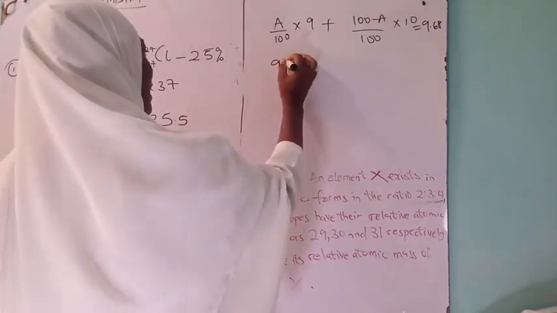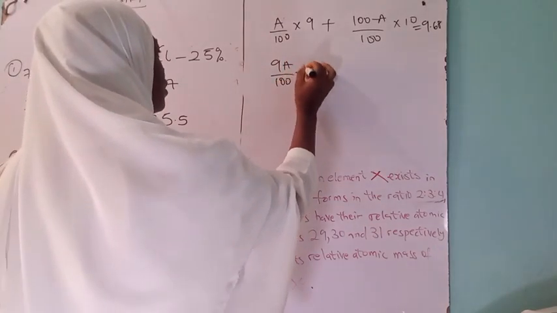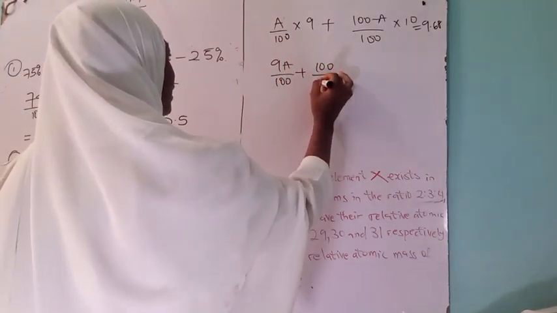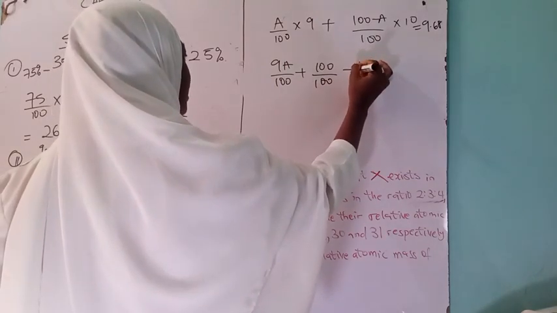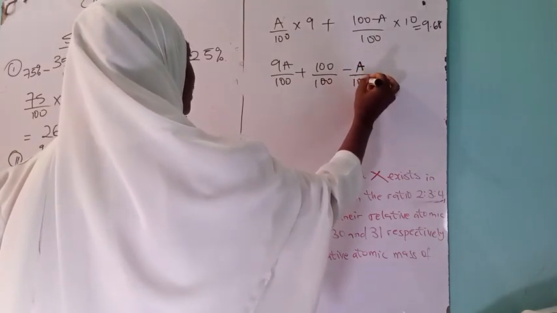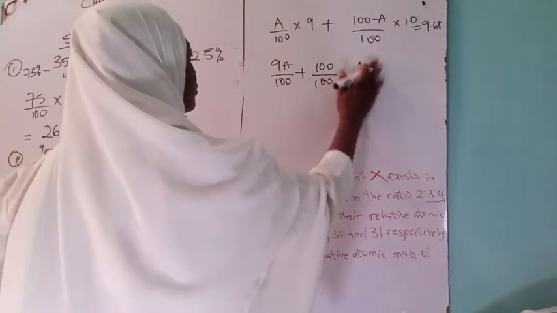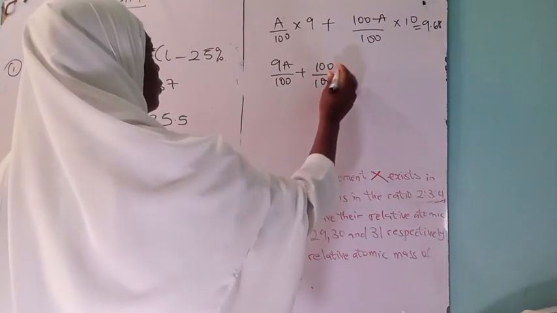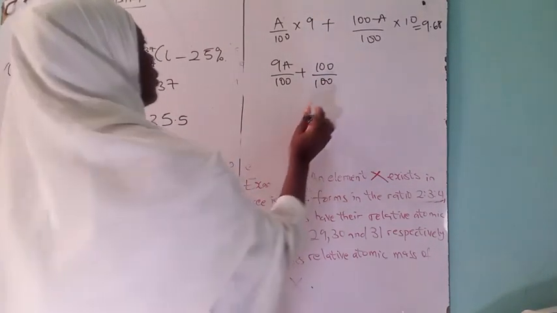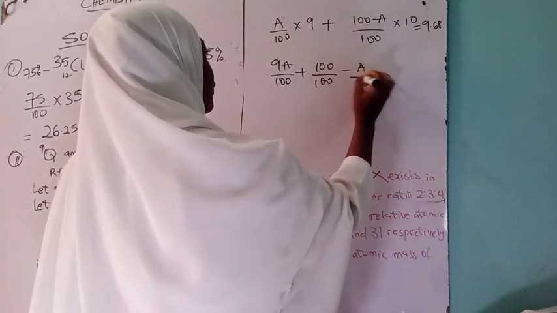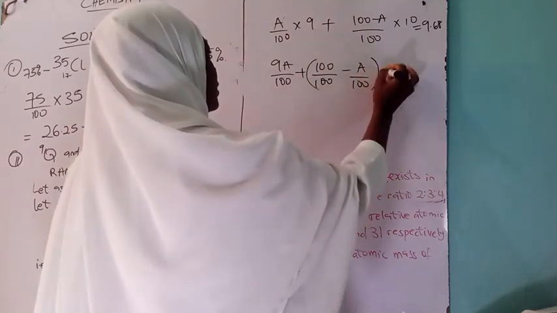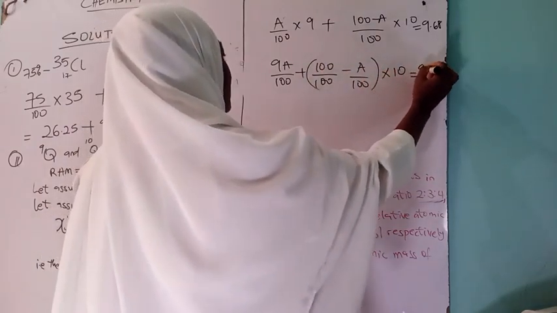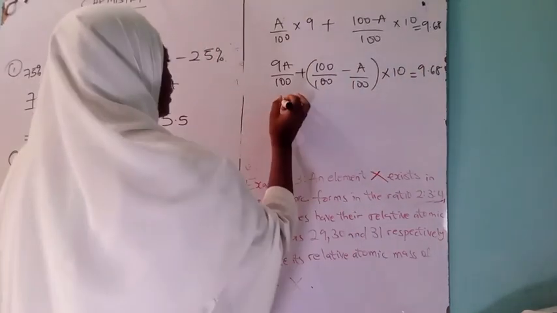That is 9A over 100 plus 100 over 100 minus A over 100 times 10 equals 9.68.